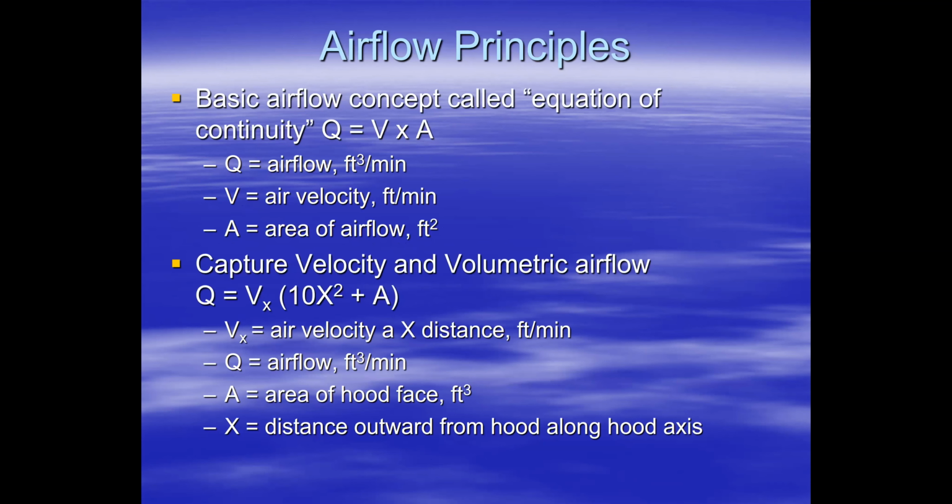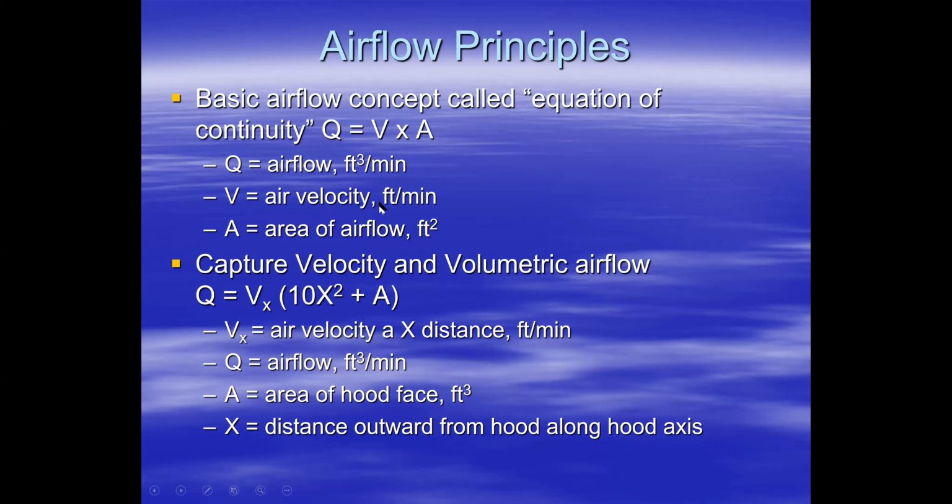Our basic airflow concept is the use of the equation of continuity. So the basic flow is called the equation of continuity, and basically it's the velocity of the air in feet per minute, in the US we use feet per minute.